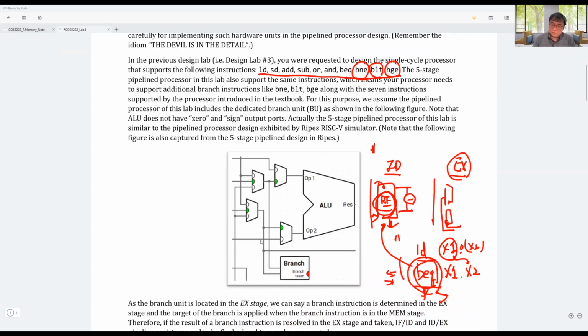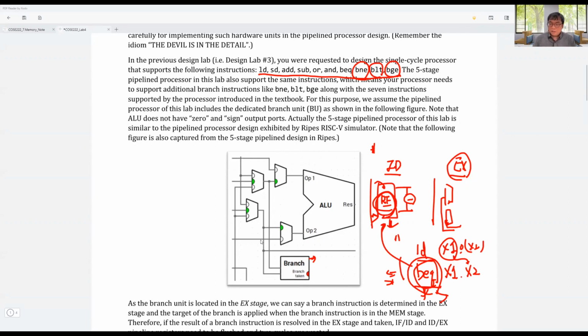For the project of this semester, I modified the branch instruction slightly. The branch unit needs to support the additional branch instructions like BNE, BLT, and BGE.